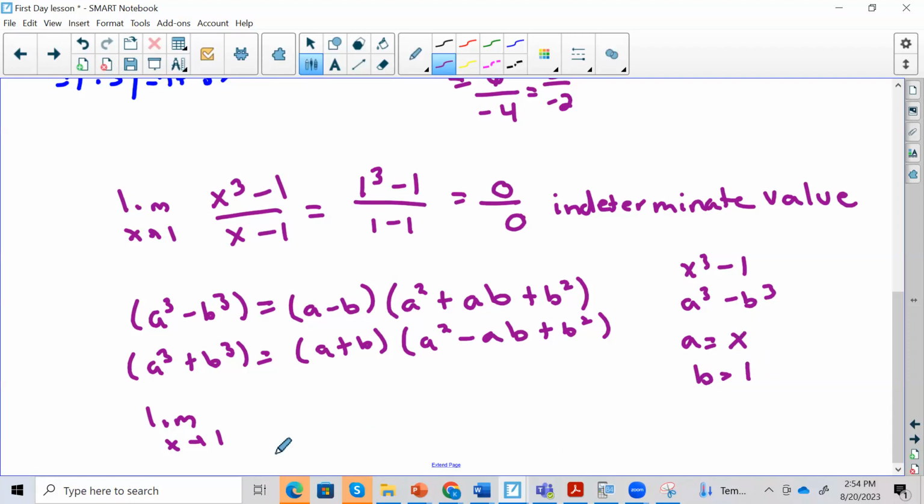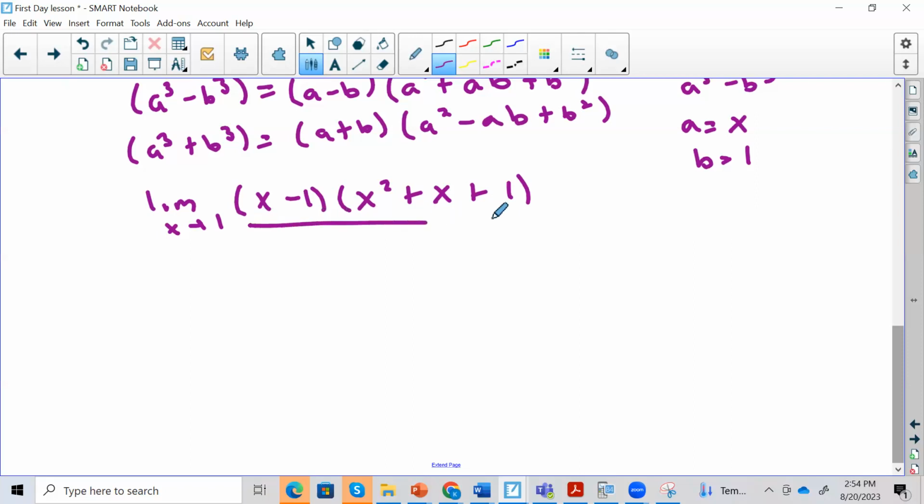So that's my a and my b. So this will factor to, using the first one because it's the difference, x minus 1 times whatever a squared is. So that's x squared plus, multiply these together, so 1 times x is x, plus b squared, which is 1 squared, which is 1. So that's what that factors to.